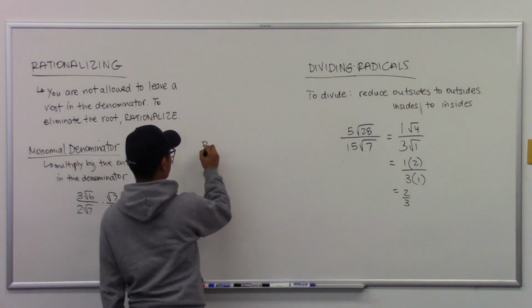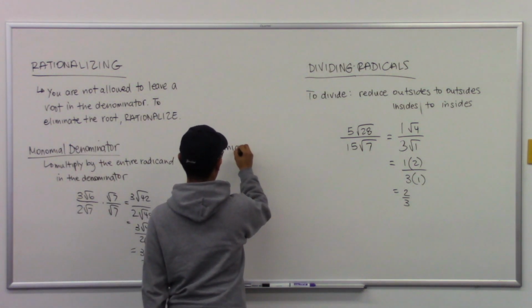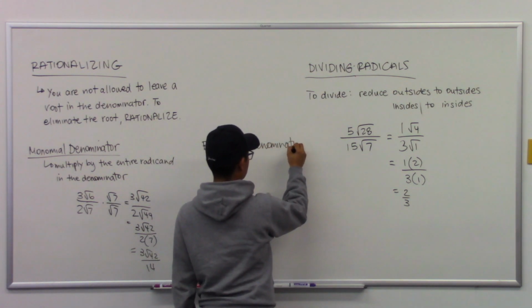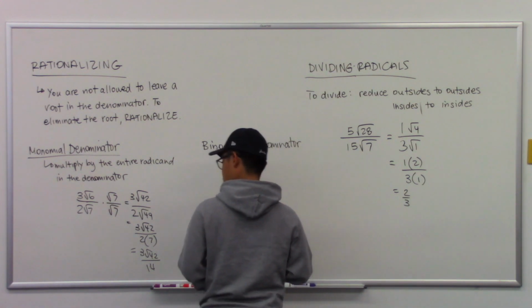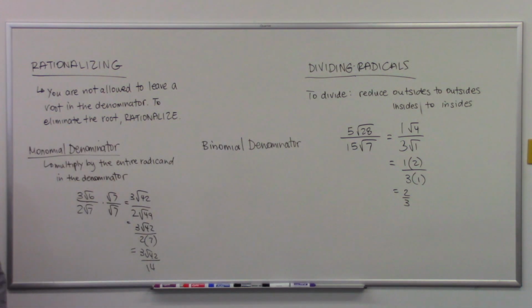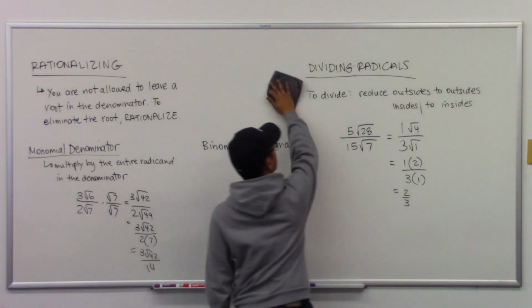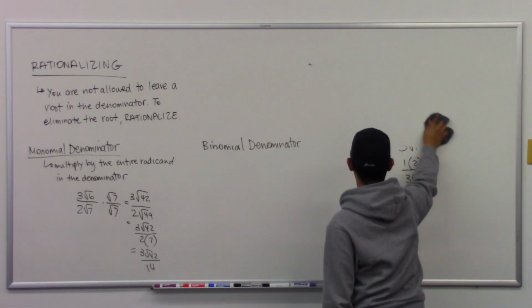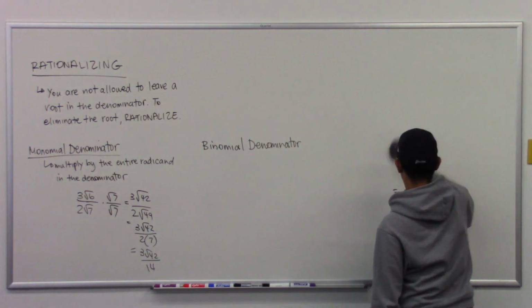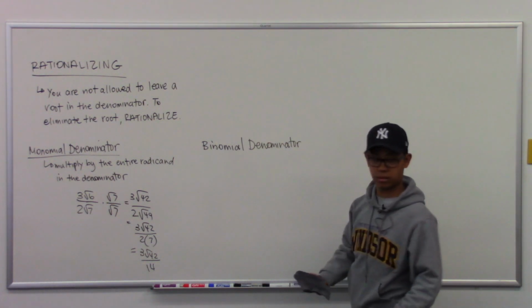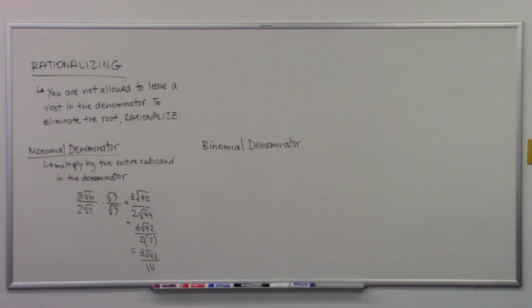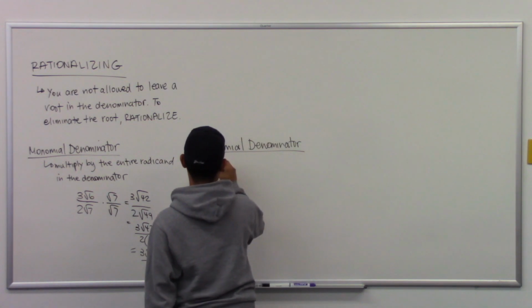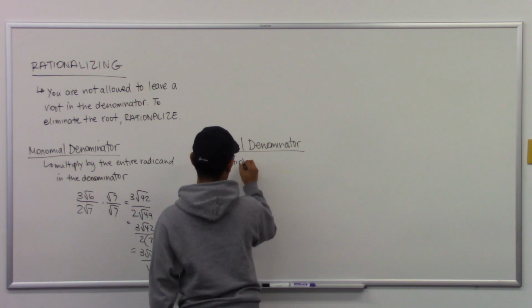But if you have a binomial denominator, you multiply by the conjugate radical.